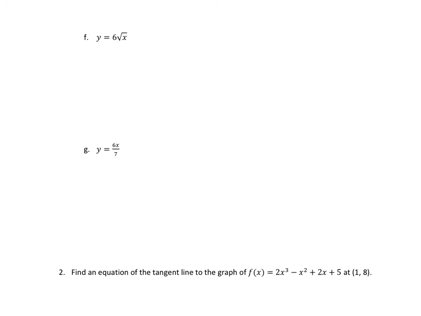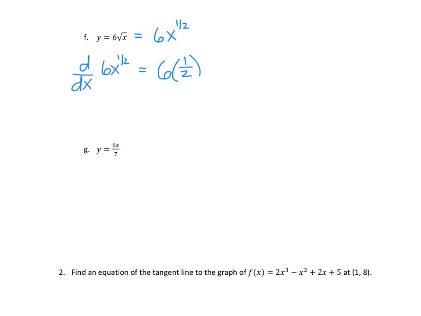In this next one, let's find the derivative of 6 times the square root of x. It might help if we rewrite this as 6x to the 1/2 power. Now we can view it as a power function. To find the derivative of 6x to the 1/2 power using the power rule, we bring the 1/2 out in front, and keep in mind the constant 6 out front just stays there.